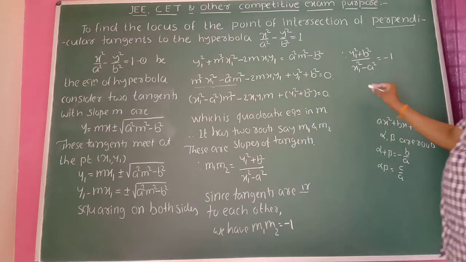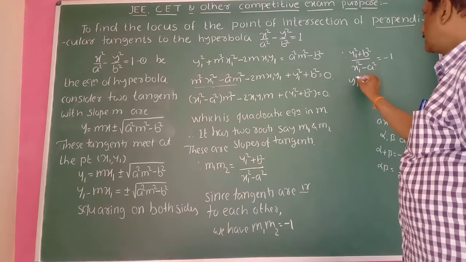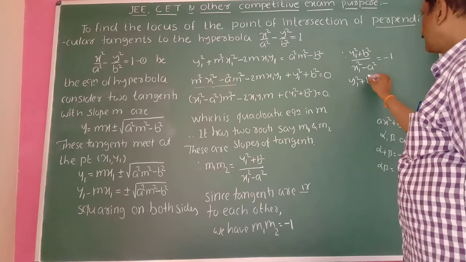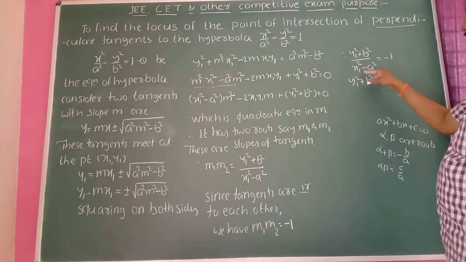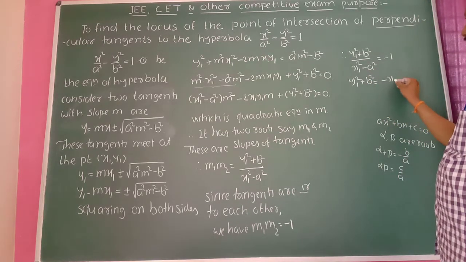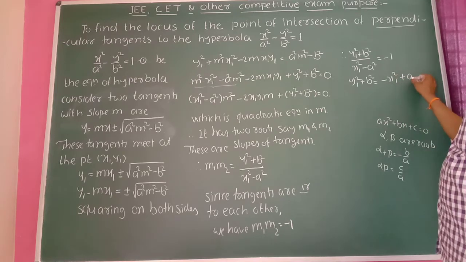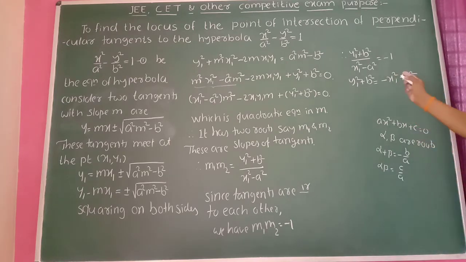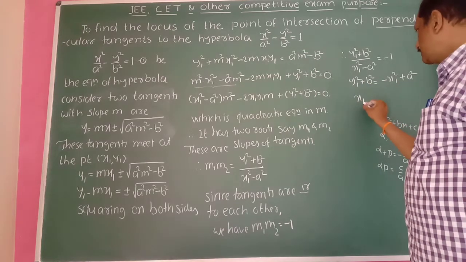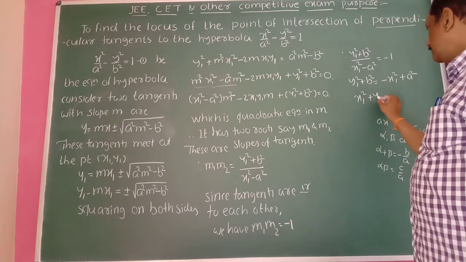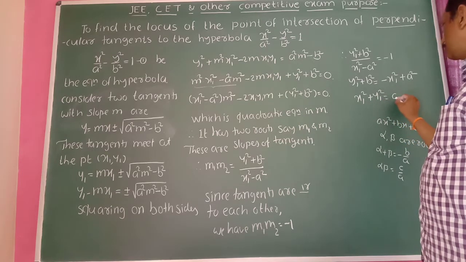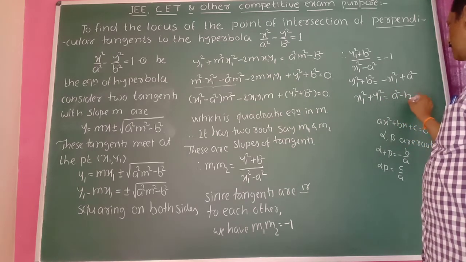Then cross multiplying, y1 square plus b square is equal to minus 1 into this, which becomes minus x1 square plus a square. Take minus x1 square to this side, b square to this side. So x1 square plus y1 square is equal to a square minus b square.